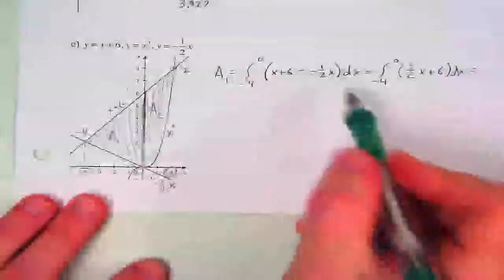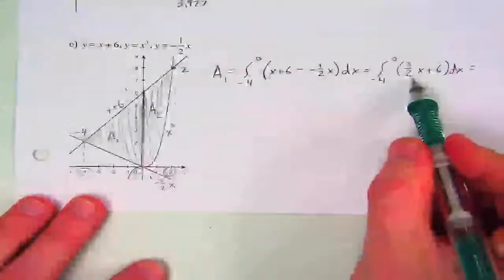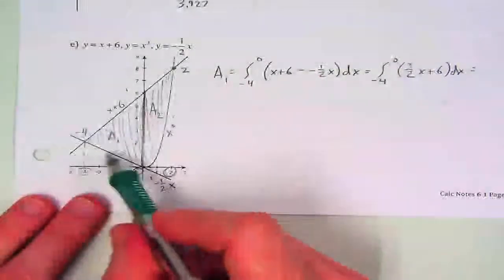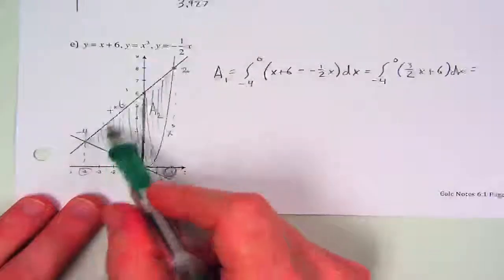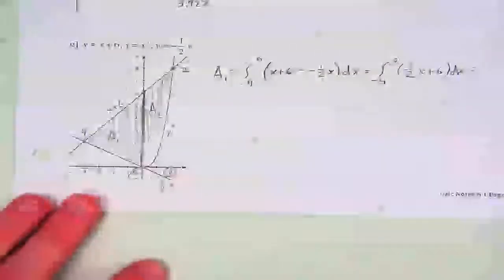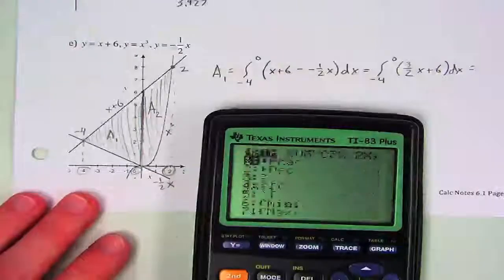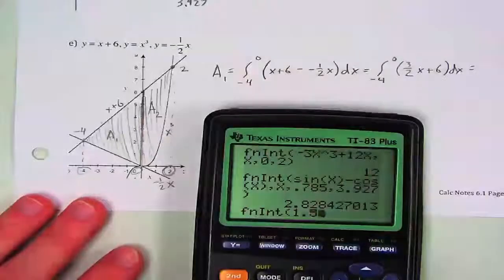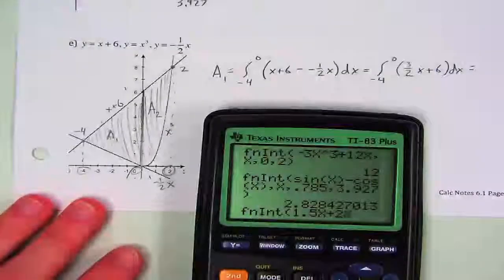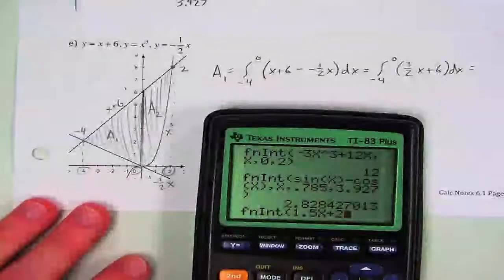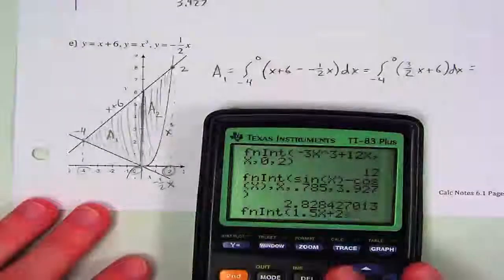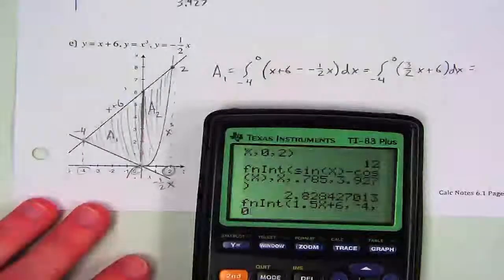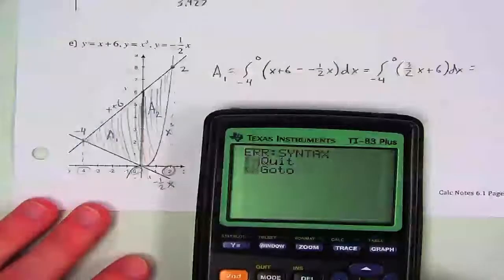So x minus negative 1/2 x is 3/2 x. Well, from the interval negative 4 to 0, it's just these two functions. Aren't you glad we can use the calculator for this? These two. Wait, x minus 1/2 x is 3/2 x? Minus negative 1/2 x. Ah, haha. See, I told you it was 2.